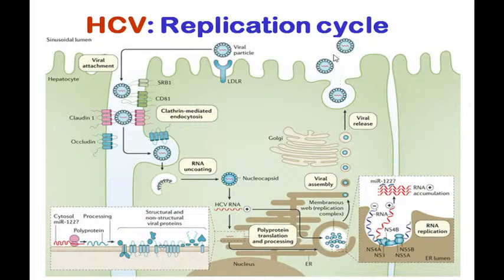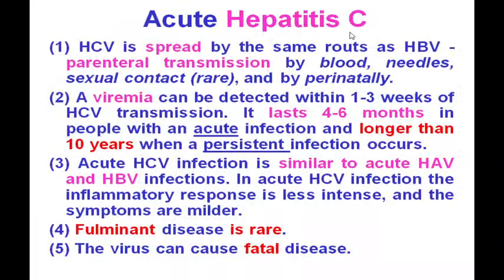This virus is not cytolytic. By the way, so is hepatitis B virus; they are both non-cytolytic. So the infectious virus particles will be released and then later on covered with the lipoproteins of human origin.